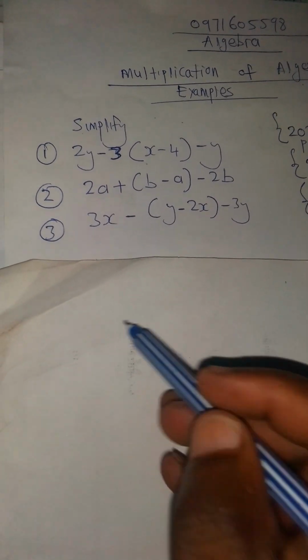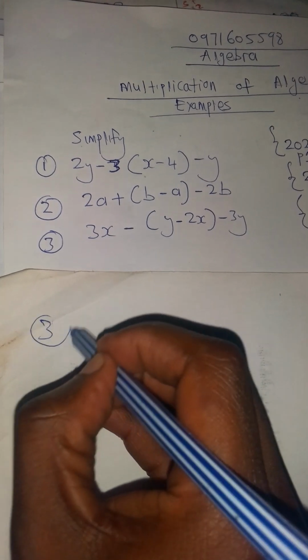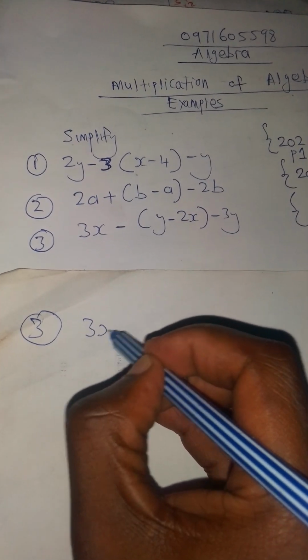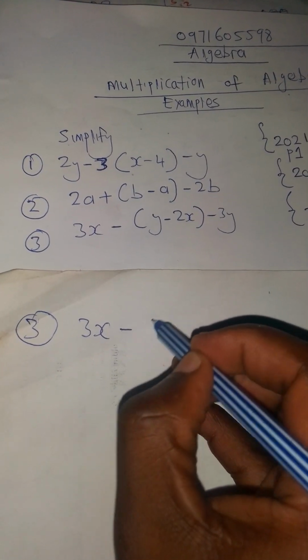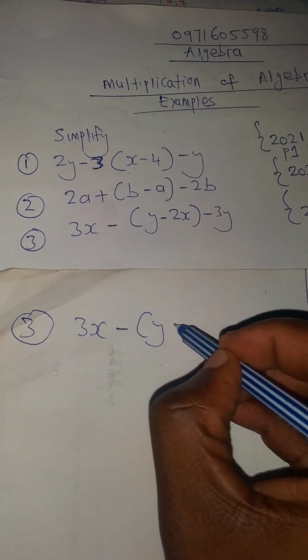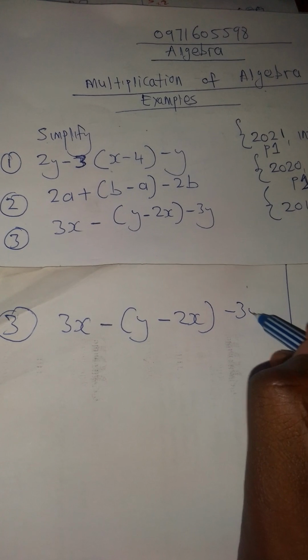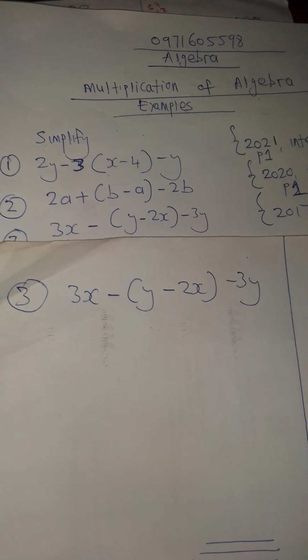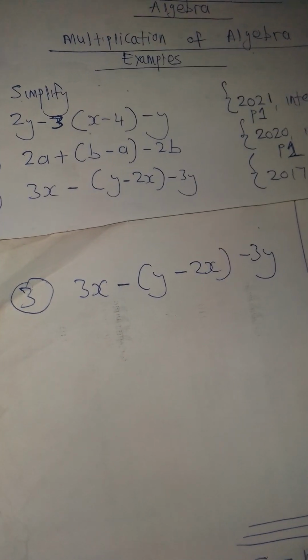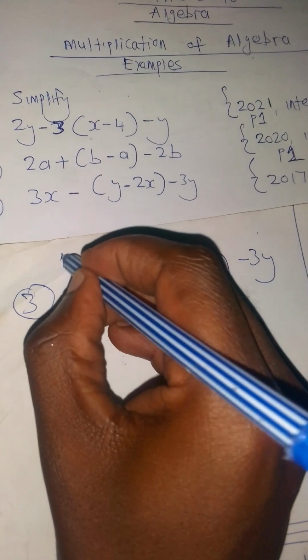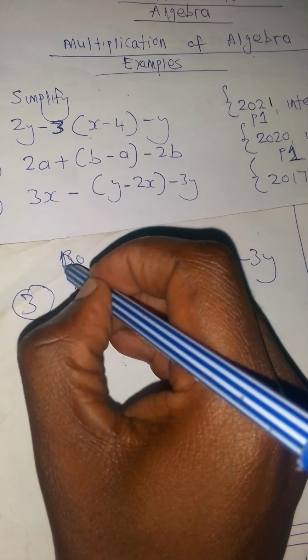So question 3, we are going to write the question: 3x minus, open the bracket, y minus 2x minus 3y. So remember, we always follow what we call the BODMAS.